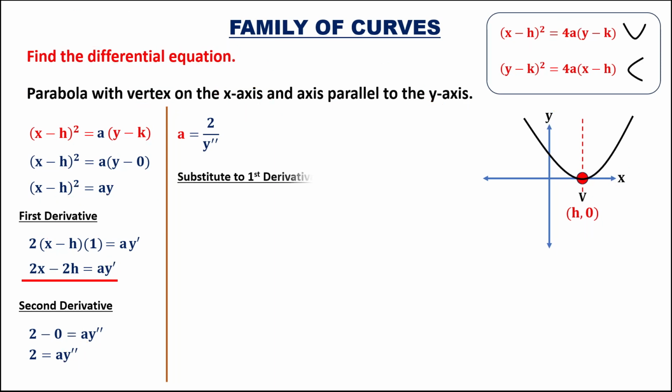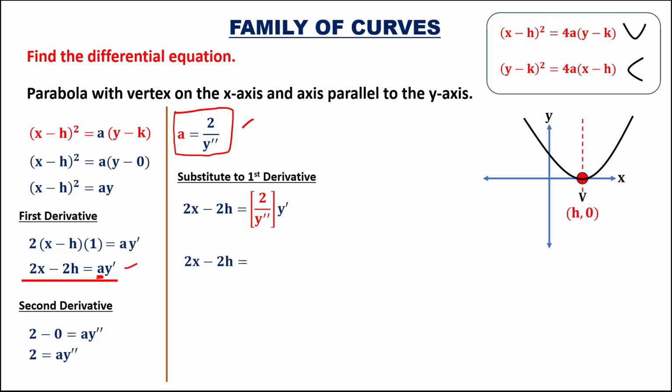Then from this, we need to substitute this a into the first derivative. So replace this a with this value. This becomes 2x minus 2h equals, a is equal to 2 over y double prime, times y prime.